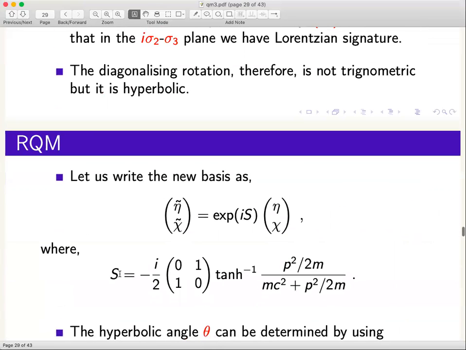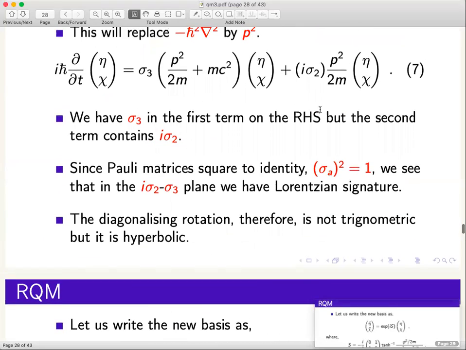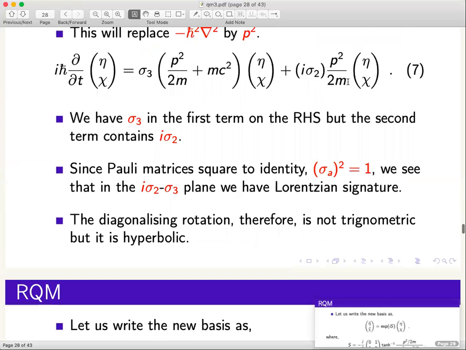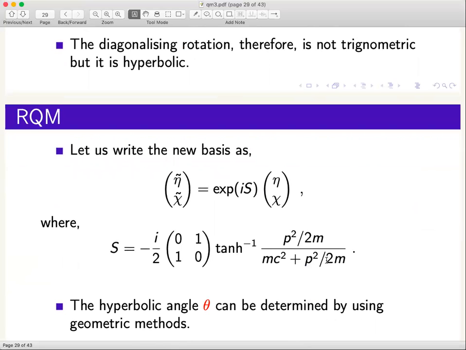So s is minus I by 2 times sigma 1 times tanh inverse of this particular quantity, p squared upon 2m upon mc squared plus p squared upon 2m. Notice that these two pieces are exactly the pieces sitting in here, p squared upon 2m and p squared upon 2m plus mc squared. So we are looking at tanh inverse of those two pieces.